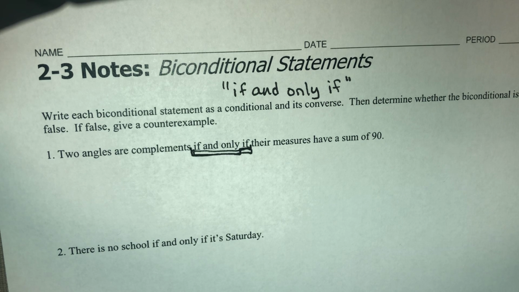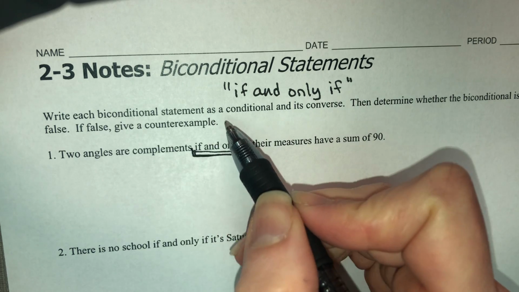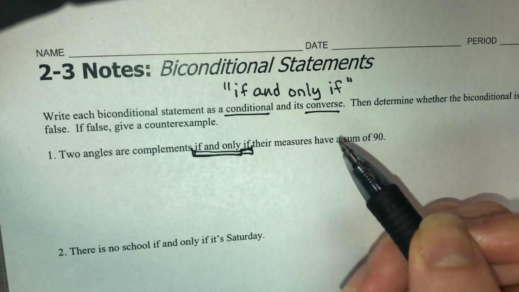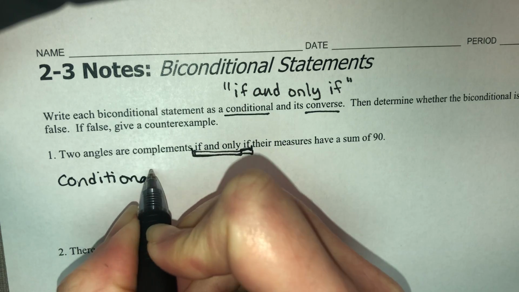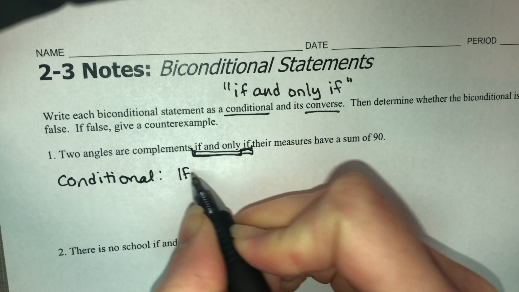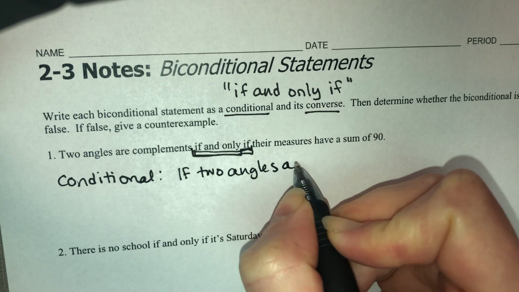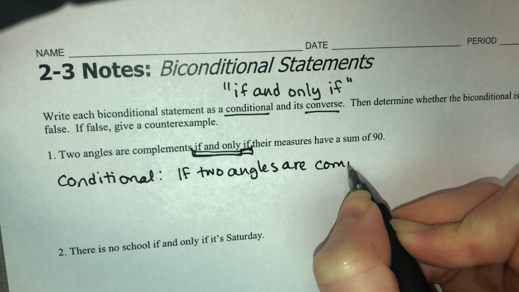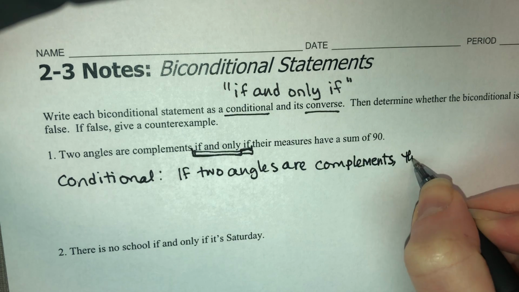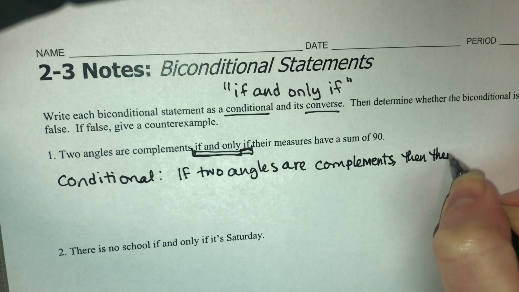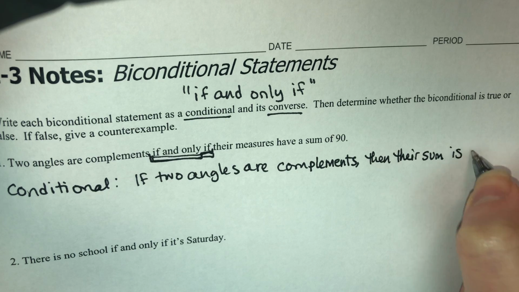So it says to write each biconditional statement as a conditional and its converse. So first we'll start with the conditional. If two angles are complements, then their sum is 90.